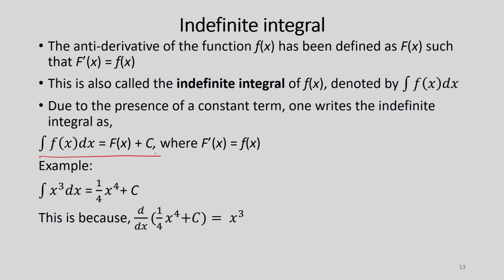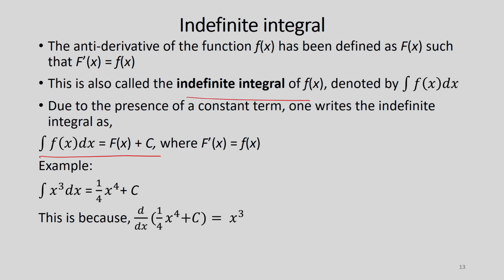So, this is what we write: integration of small f x dx is equal to capital F x plus C, where C is the constant of integration. So, in this case capital F x is the antiderivative, and capital F x plus C is the indefinite integral of small f x.